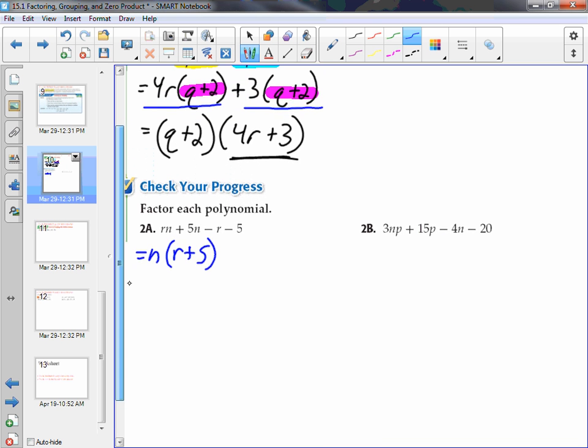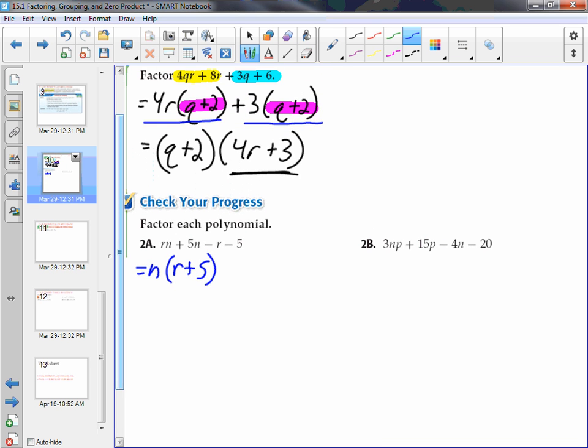But look how this first one worked. We need, for each of our terms that we get as a result, to have a common factor. In this case, we need it to be R plus 5 for the one we're working now, don't we? Is there any way to make that into an R plus 5? Divide by negative 1.